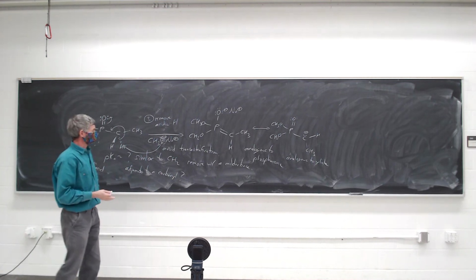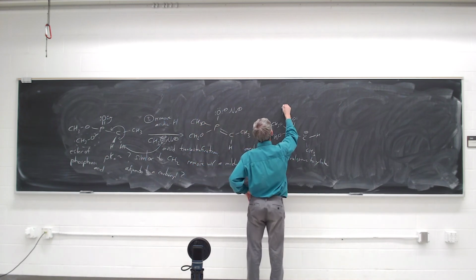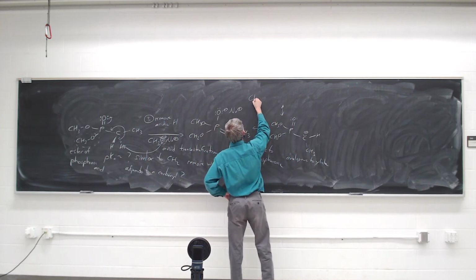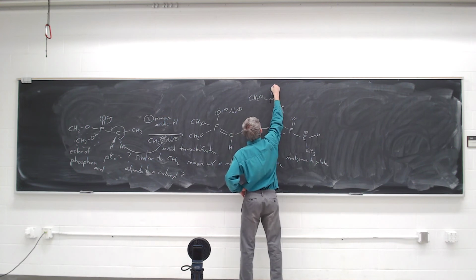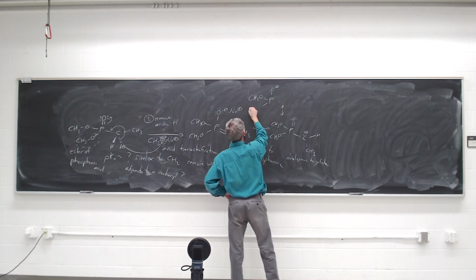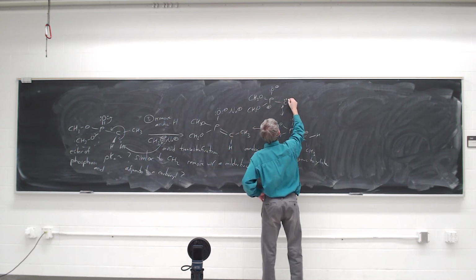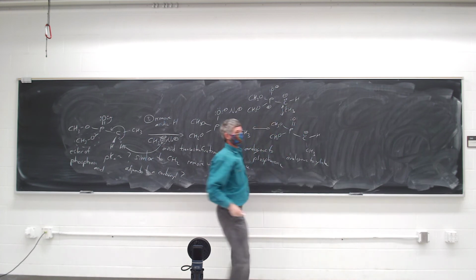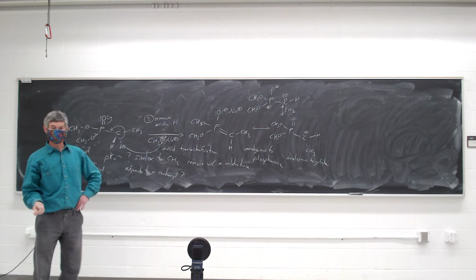In the other resonance structure, it's analogous to the phosphorane. And you can make it look even more like an ylide. If you draw the minor resonance form of the phosphorus species, it looks like that. So it's effectively a positively charged phosphorus and a negatively charged carbon adjacent to each other.